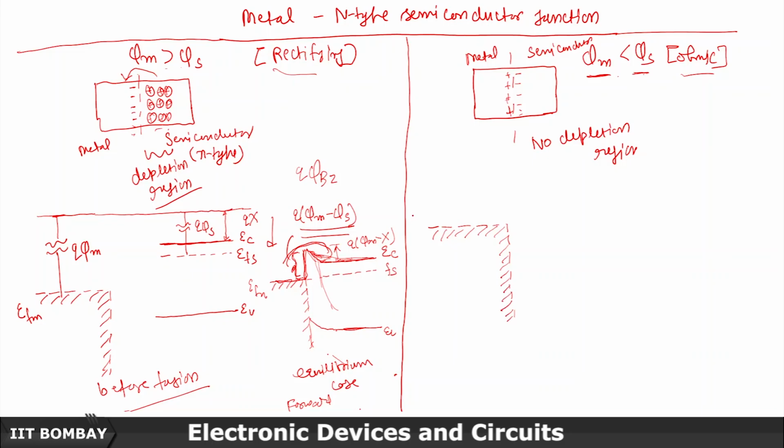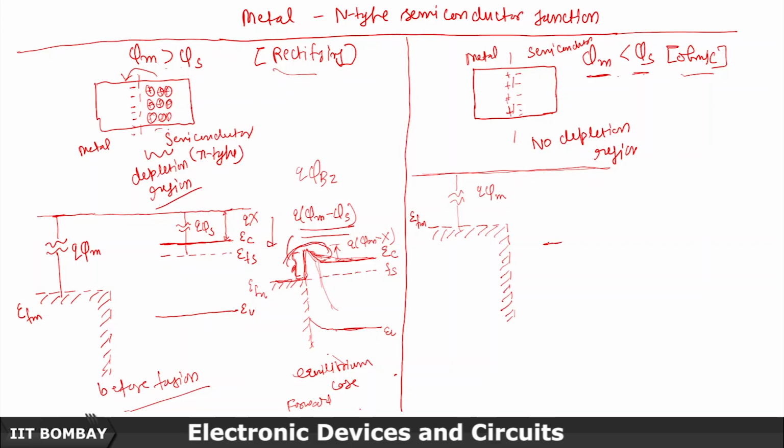So this is EFM, right? And since now phi s is larger than phi m, let's say this is the vacuum level, and this comes out to be q phi m.